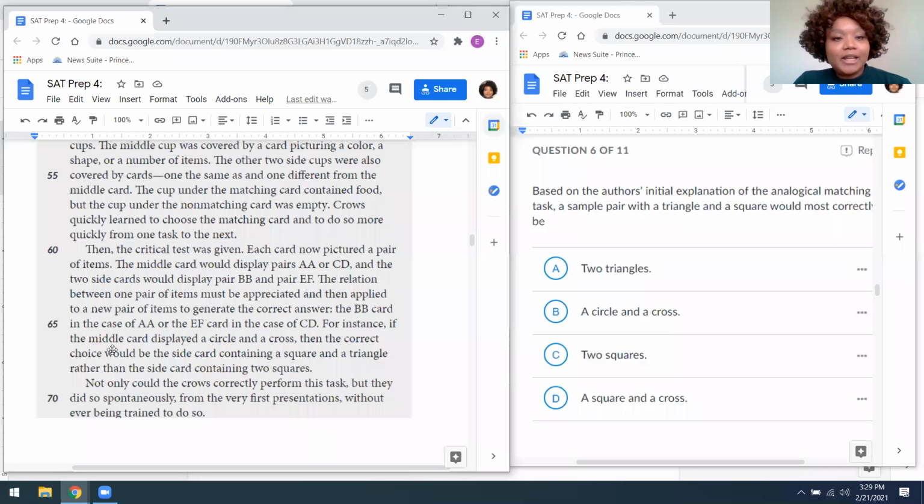For instance, if the middle card displayed a circle and a cross, then the correct choice would be the side card containing a square and a triangle rather than the card containing two squares. So that's another way to look at it. And I think that's even directly touching on some of the shapes mentioned in question 6. So thank you very much, DM, for mentioning that too.